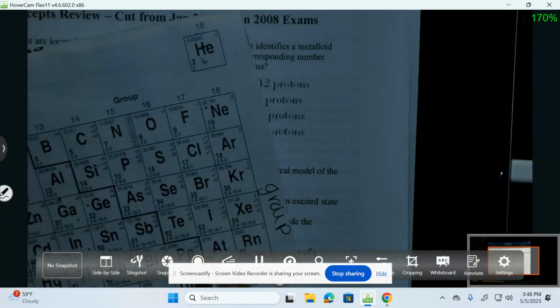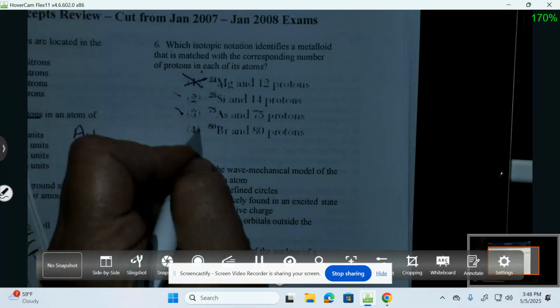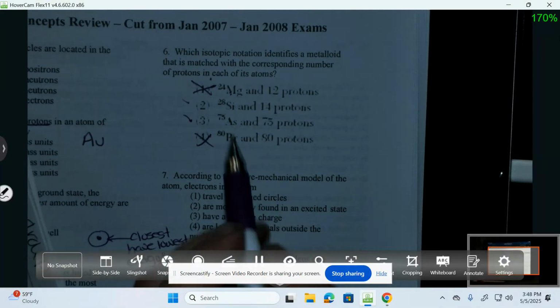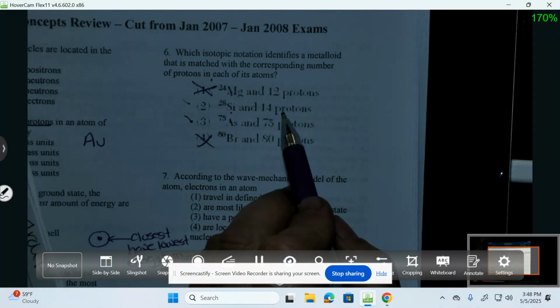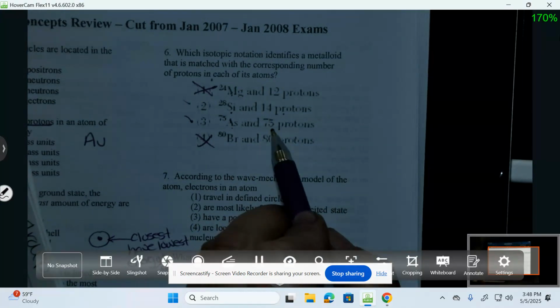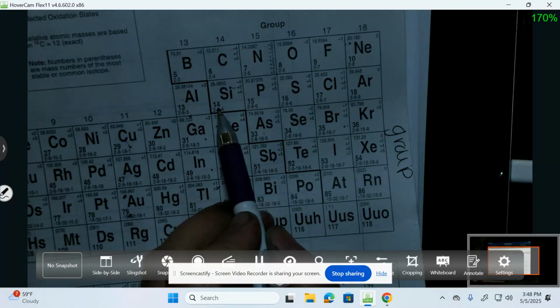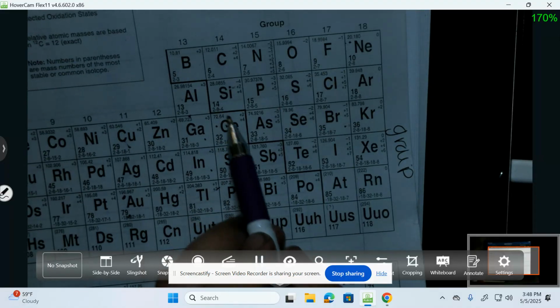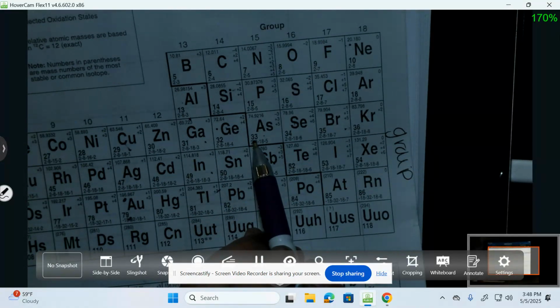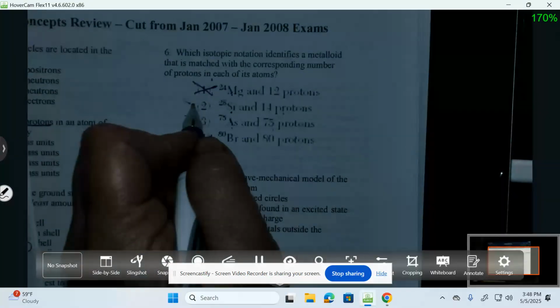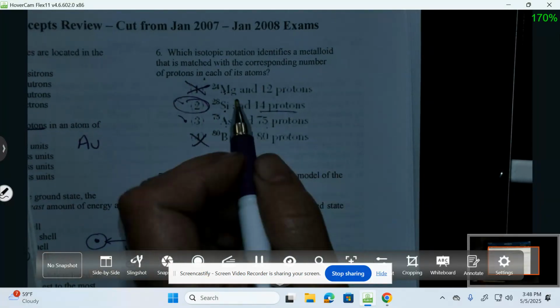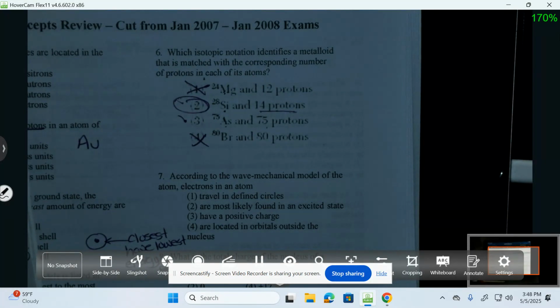And then bromine is over here. He's not on the staircase, so he's out. All right. We got silicon with 14 protons and astatine with 75 protons. Here's silicon. How many protons does silicon have? 14. And arsenic has 33. So it looks like it's going to be number 2, silicon with 14 protons.